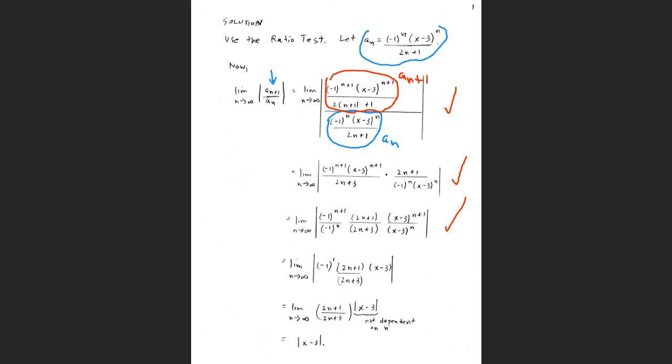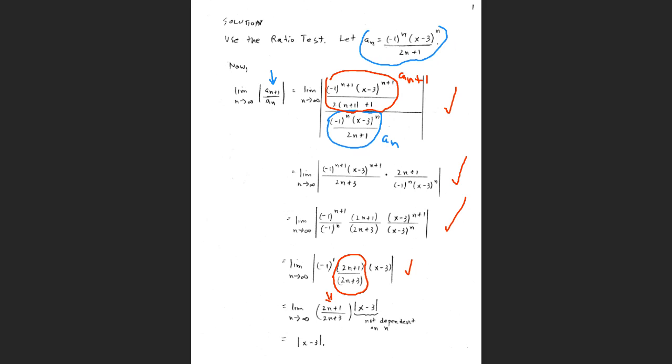Okay, all right, great. So we do the computation, and we end up getting this limit here, and the 2n plus 1 over 2n plus 3 is always positive, so that can be brought out in front of the absolute value sign, but the x minus 3 has to stay inside.